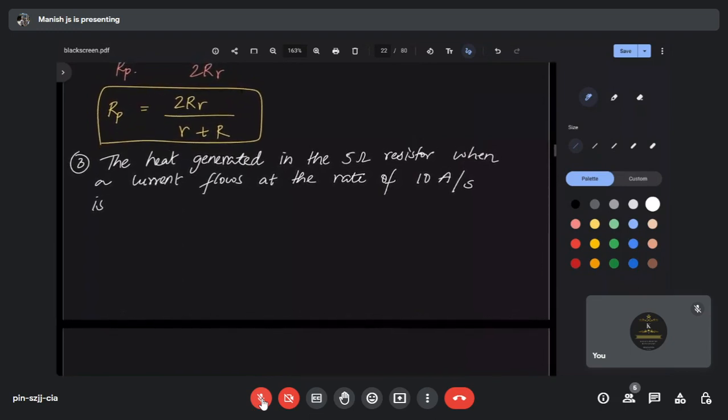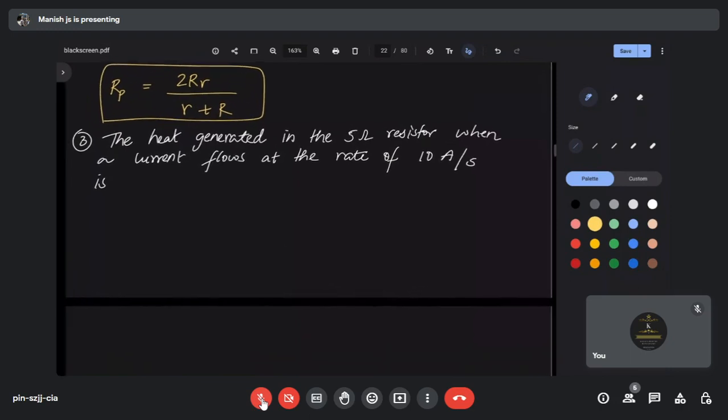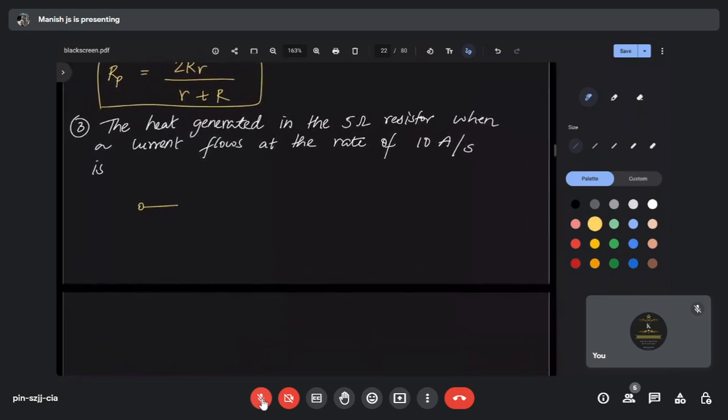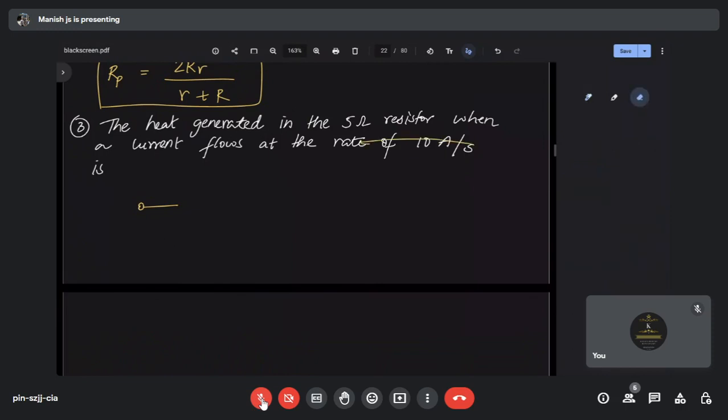So giving you the circuit first. Okay, let me just reframe it. The heat generated in the 5 ohms resistor when the current flows. Let's change it, I'll rephrase the sentence.